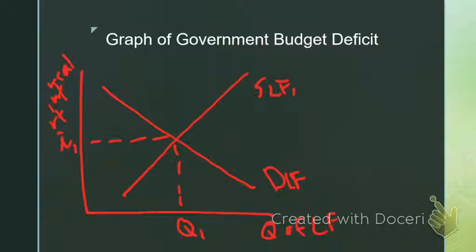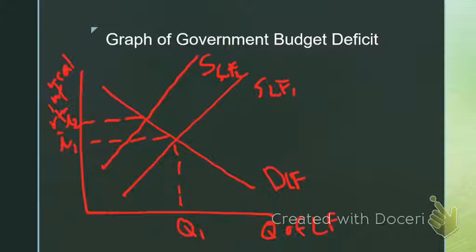So we're going to graph this with the shift of the supply of loanable funds to the left. That's a decrease in the supply. So this becomes supply of loanable funds 2, and that's causing interest rates to go up.